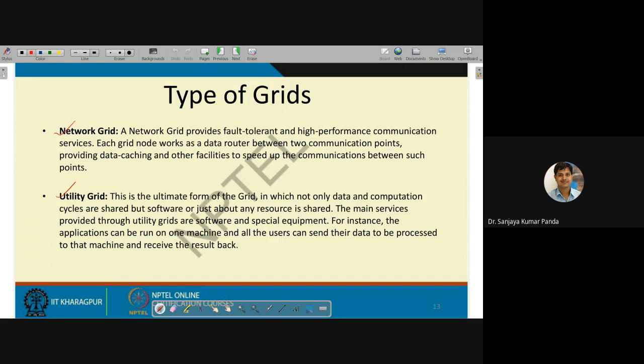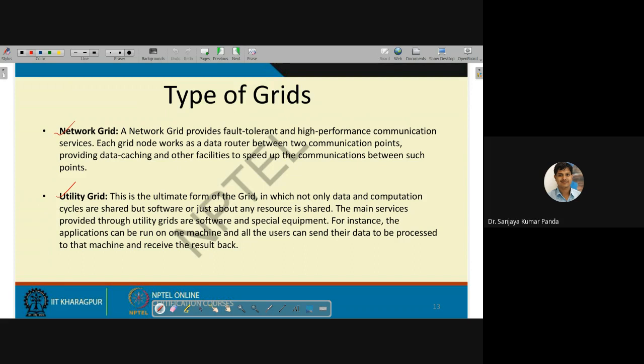So you have to build a system which is fault tolerant, with no single point of failure. Even if any failure happens in your network, you have to see that it is not impacting the performance of your network. It also provides high-performance communication services.